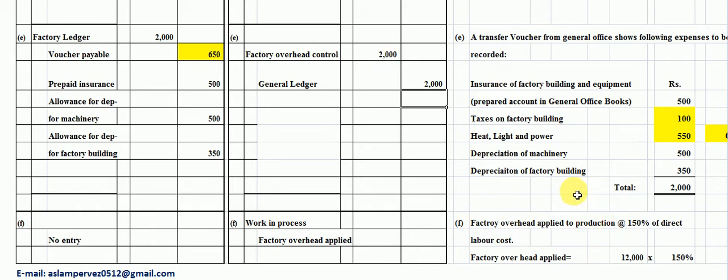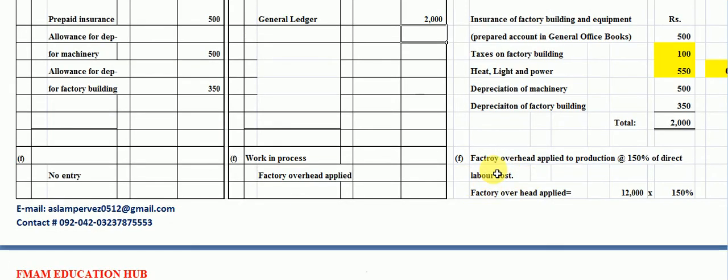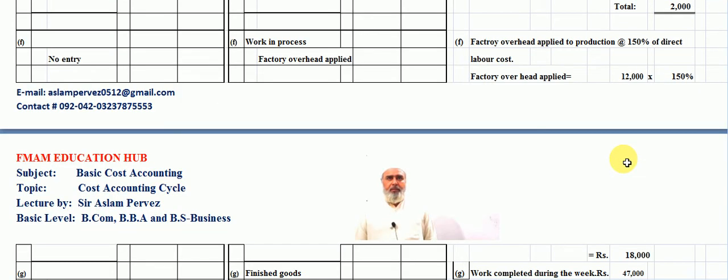Now let's move below to F part. Factory overhead applied to production at the rate of 150% of direct labor cost. The factory overhead applied: direct labor cost is 12,000 rupees multiplied by 150%, which is the amount of 18,000 rupees.